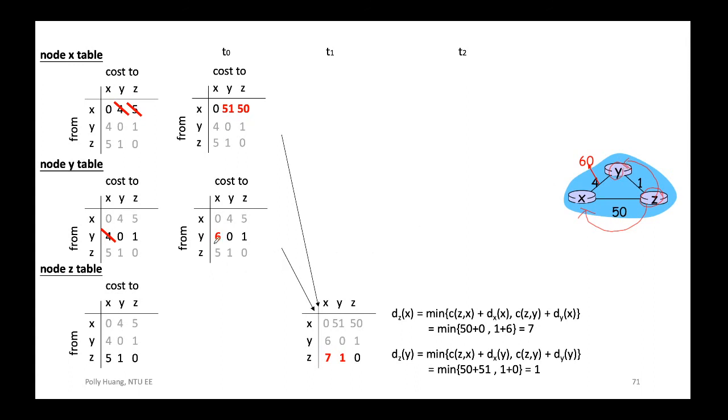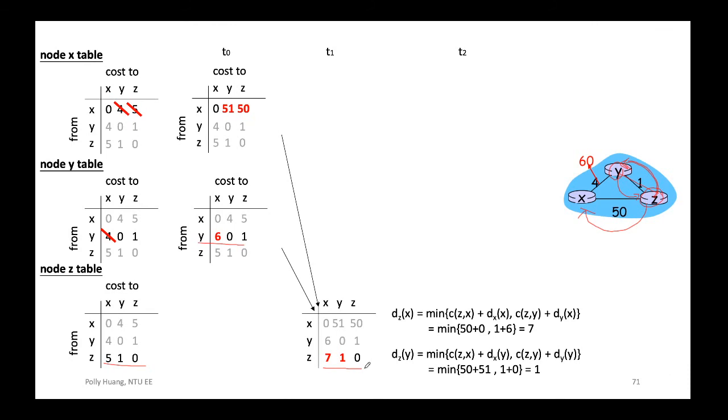But y thought the shortest distance to x is 6, and the next hop is z. Because z knew a way much earlier, saying the shortest path to x is 5. So you see, we have actually looped 1.5 times on link y and z, trying to develop what the true shortest path is.